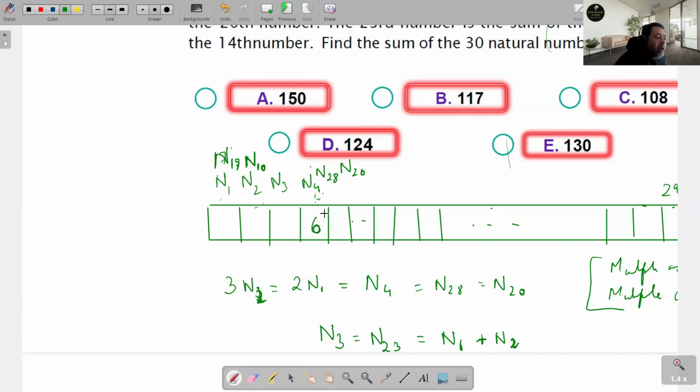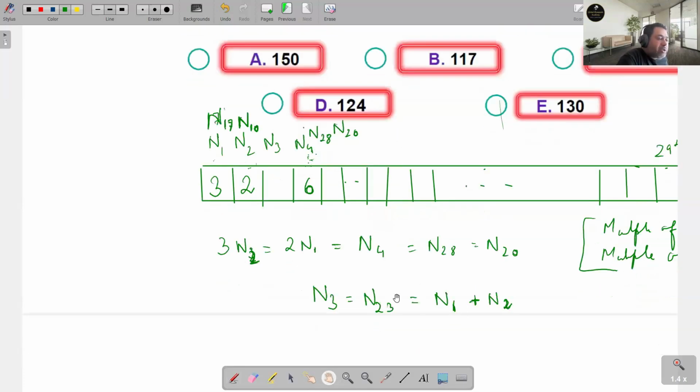Therefore, our N1 is half of it, which is 3, and our N2, which is 1/3 of 6, is 2. And N3 is equal to N1 plus N2, so this is 5. We found our pattern of 4 numbers: 3, 2, 5, 6.